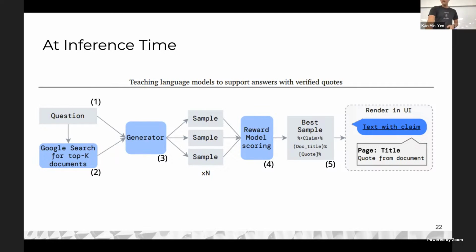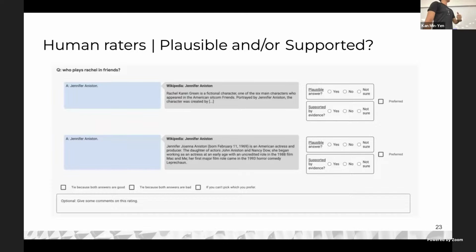So they train it using this template. Once again, bringing up the plausible and supported notion. This example is like, who played Rachel in Friends, and then there are two answers. Both are Jennifer Aniston. But these are the sources that they pull out, which is the key point. The first one is, blah, blah, blah, portrayed by Jennifer Aniston.